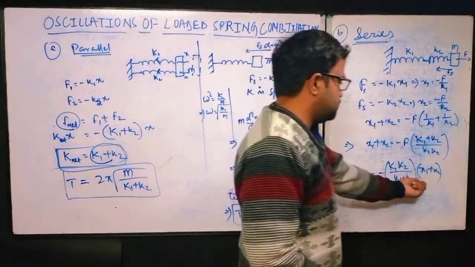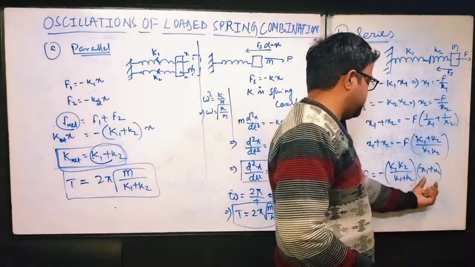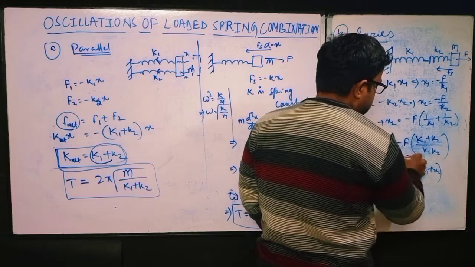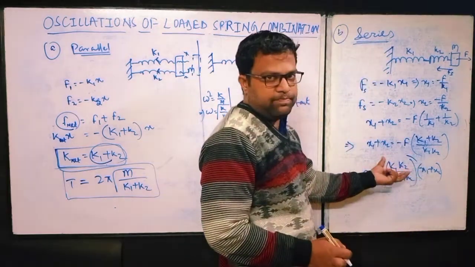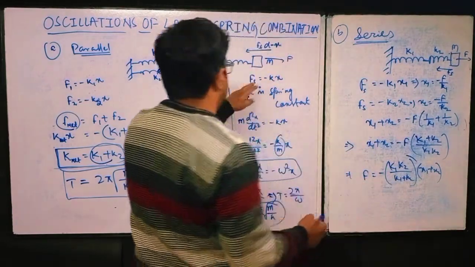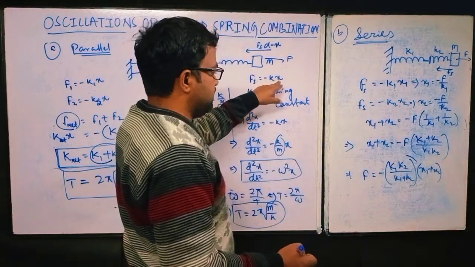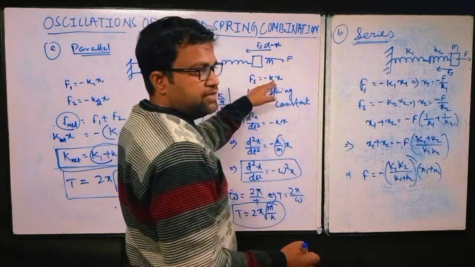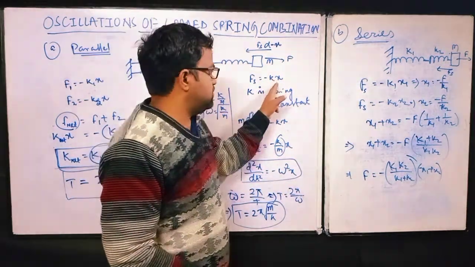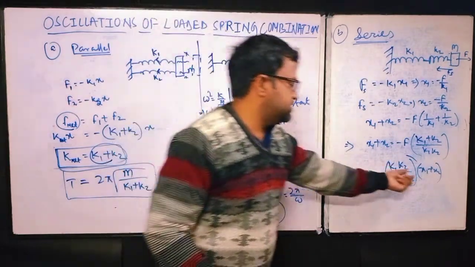So F is negatively proportional to the expansion. If you compare with the standard form, that is F equal to minus kx, this is, let's say, the net spring constant. K is the net spring constant and x is the net displacement.